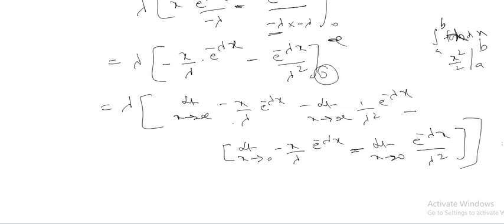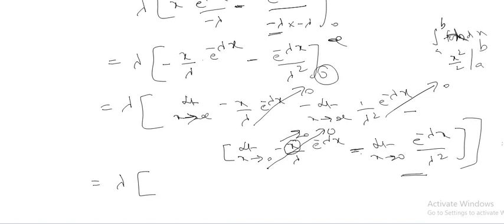First the limit at infinity minus the limit at 0. When x tends to infinity, this goes to 0, and this goes to 0, since e to the power of minus infinity is 0. When x tends to 0, this is going to be 0. Then the total term is going to be 0.